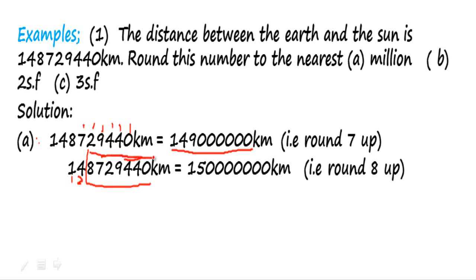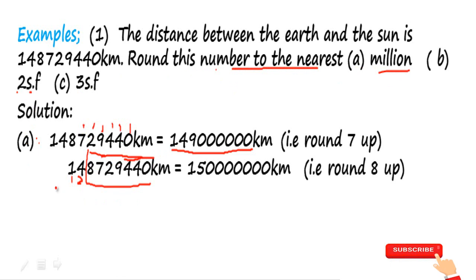Are you following me? And you know that 8 is close to 4. That means you are going to round 8 up and add 1 to 4. It's not going to be 1 4, it is 1 5, and all others will be 0. You see the difference between rounding to the nearest million and to the nearest two significant figure now. When you are doing the nearest million, you are starting from the right, counting. Are you getting it?